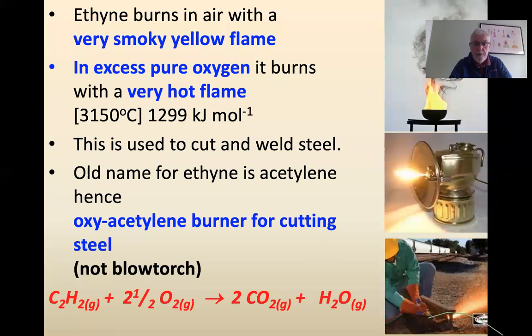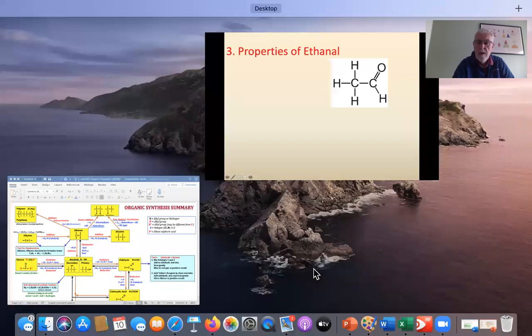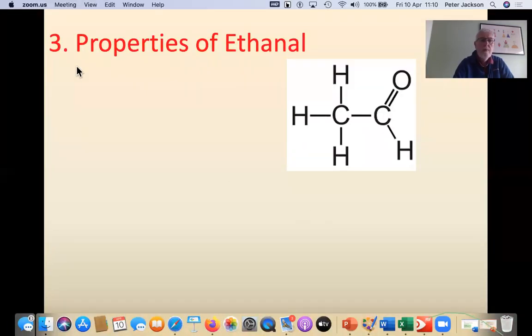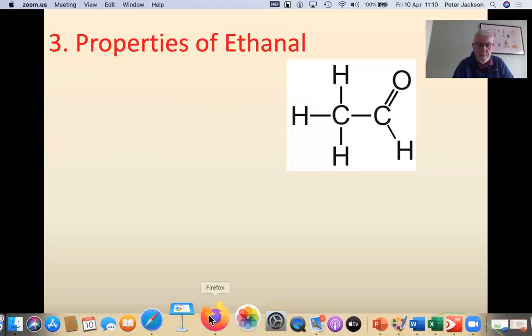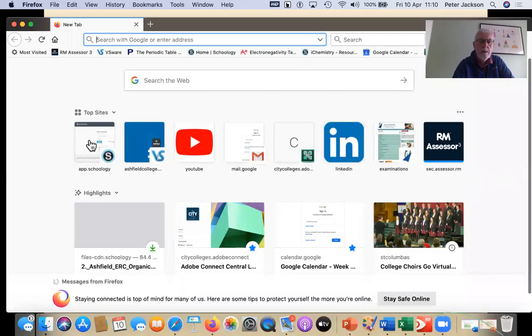So what we need to do now is look at the production of ethyne and some of its properties.